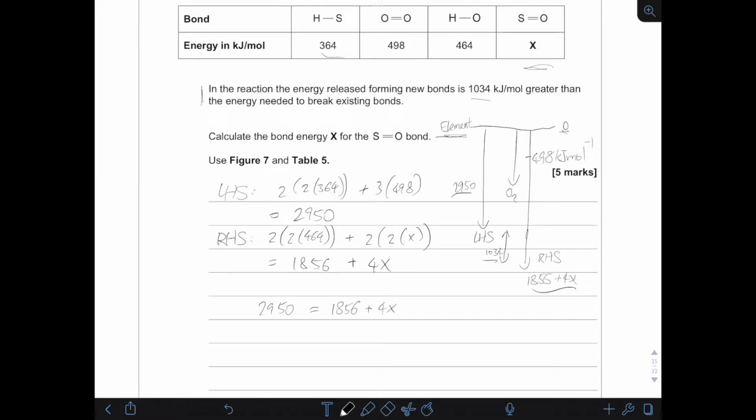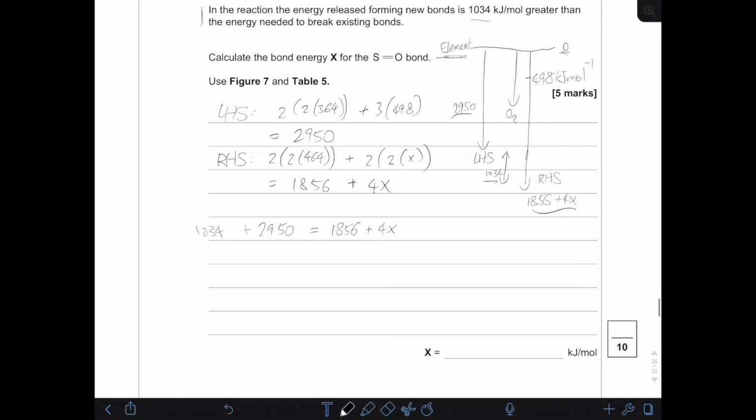If you remember this and draw these arrows down, you're less likely to make mistakes. Now this is just simple algebra, and again, utilize your calculator. I tend to say abuse your calculator, but don't break it, because you do need it.